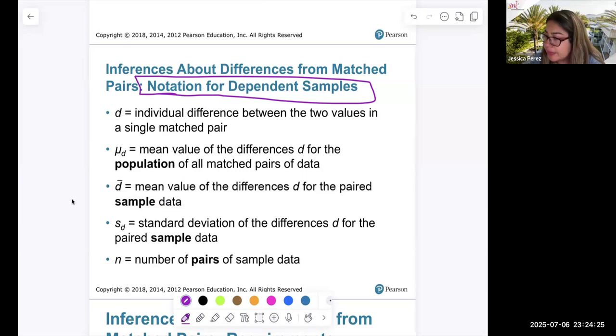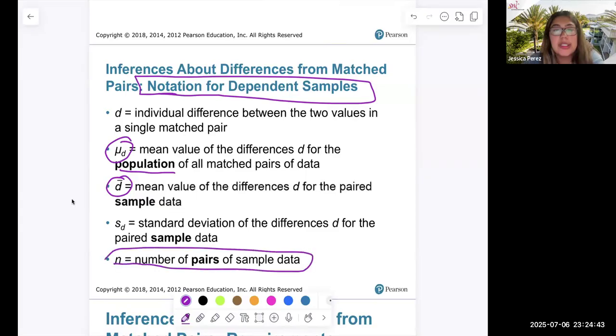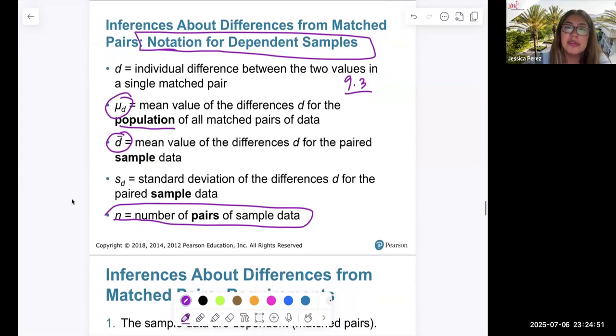So we're going to have the population of all matched pairs and then D bar, which is going to be the sample mean of the differences from the matched pairs, s D, the standard deviation of the differences for the paired data, and n, the number of pairs in the data. So now n will consist of pairs, and this is section 9.3. Okay, so not just unique values, but actually pairs of sample data.